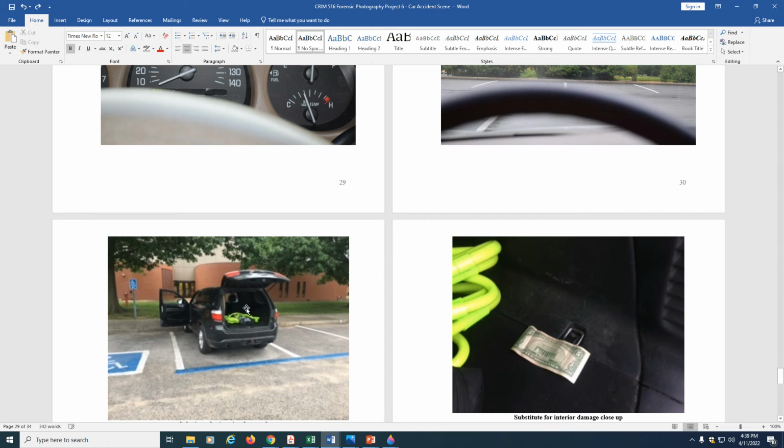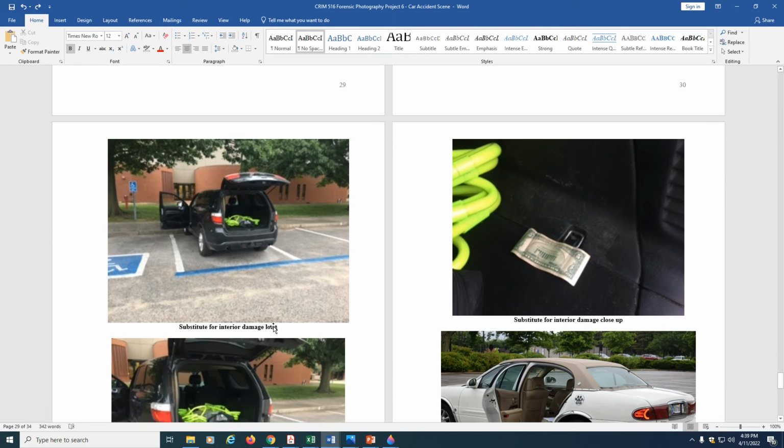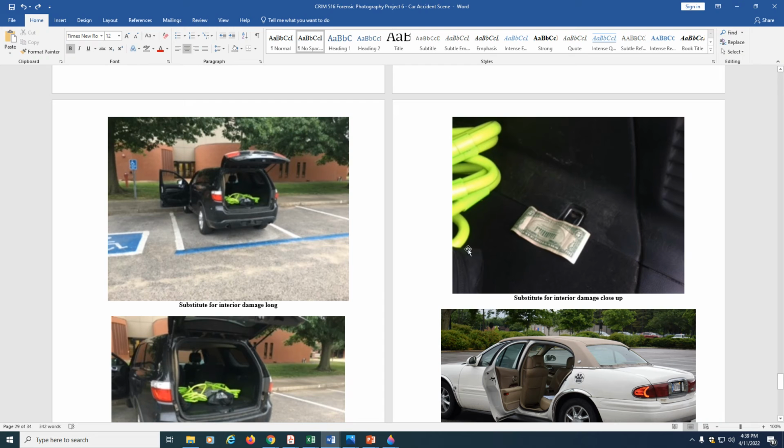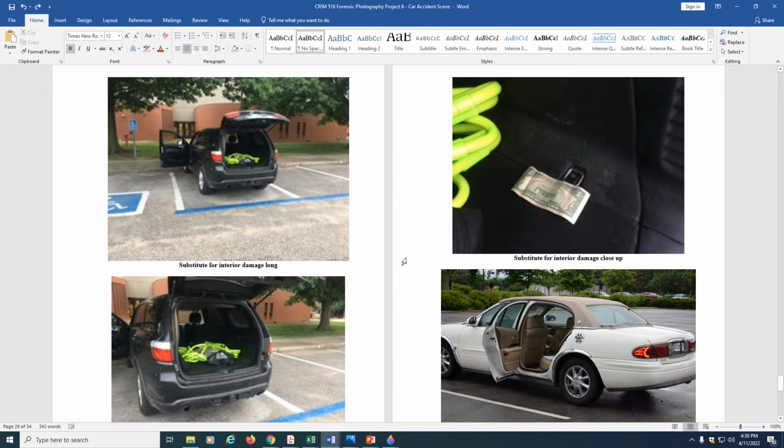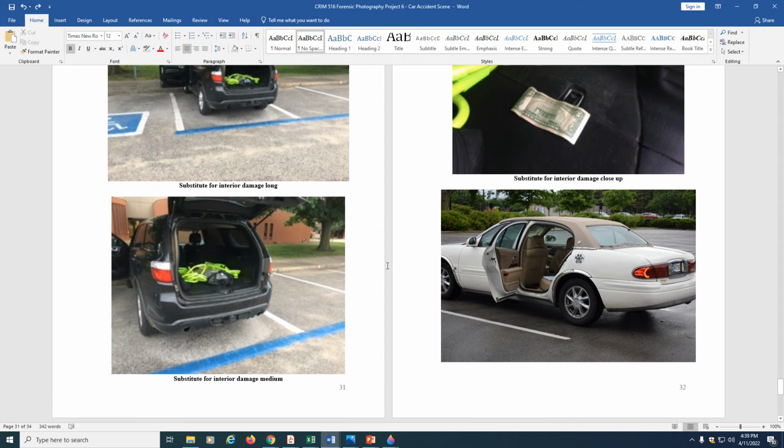But this was just an example here that was sent in, where you have doors open so you can see in the interior, and then you're going to have a long range, medium range, close-up range of damage. Okay? But you may not have any damage to report. And if you don't have any damage to report, that's perfectly fine. Just take that out of your table of contents.